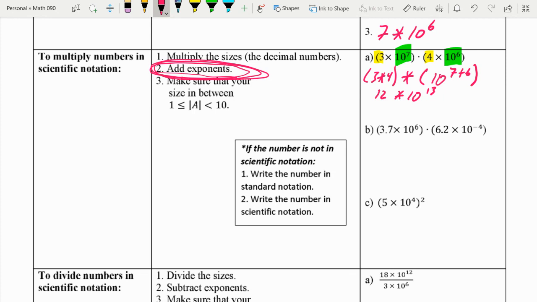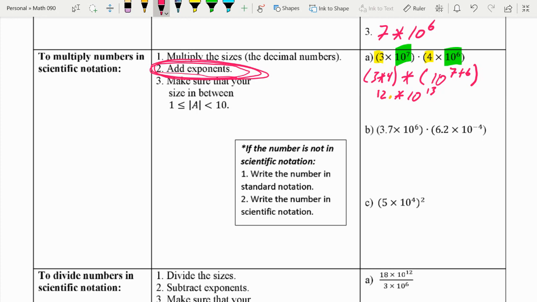But now if you look at this thing, is it in scientific notation? No, because A is not between 1 and 10. So if we look at it, there's our decimal. Let me erase the highlighter. Oh, of course I would erase. All right.